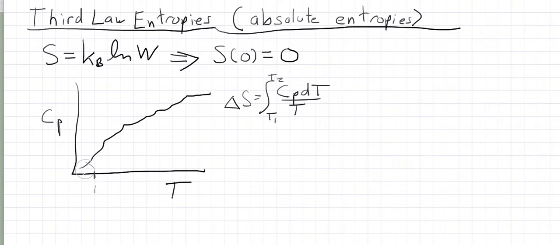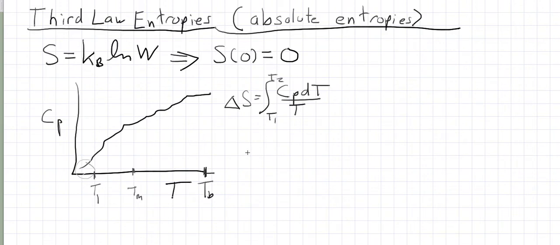But for now, imagine that we have a couple of temperatures here. I'll call that T1. We've got the melting temperature. Then later on, we've got the boiling temperature. Let's imagine we're talking about something like oxygen, which is a gas. Well, how would we find out its absolute entropy at room temperature?